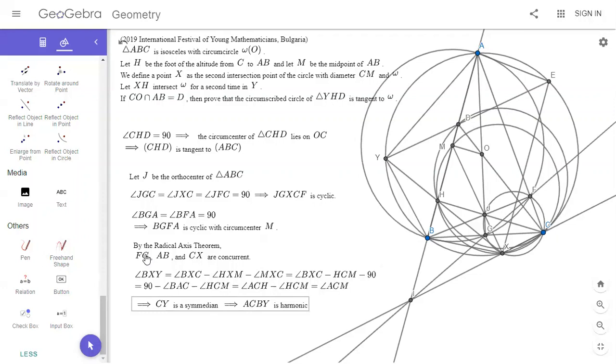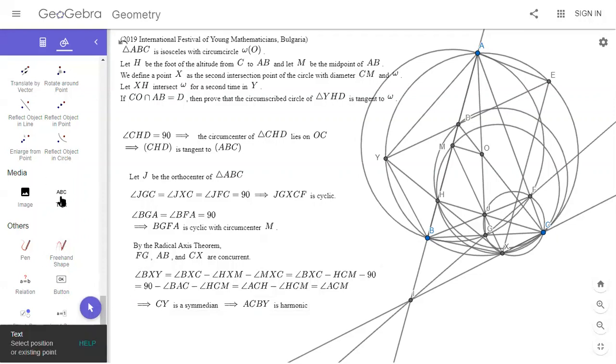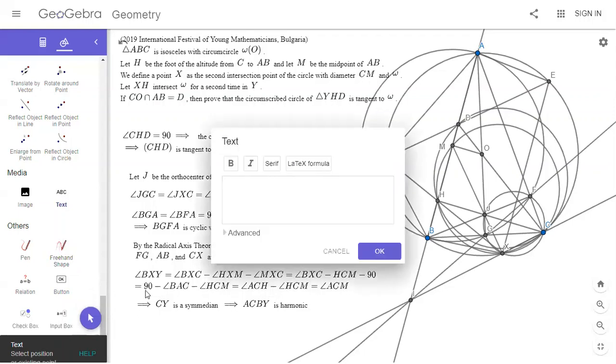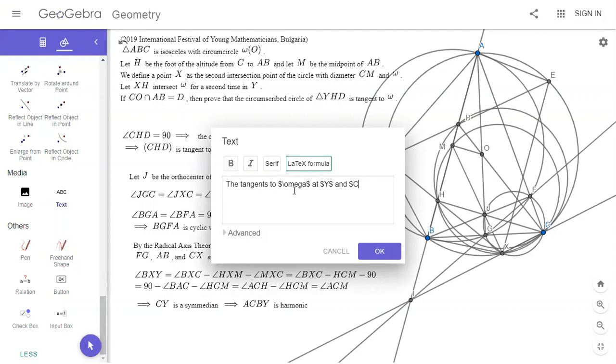So that means the tangents to omega at Y and C and AB concur.